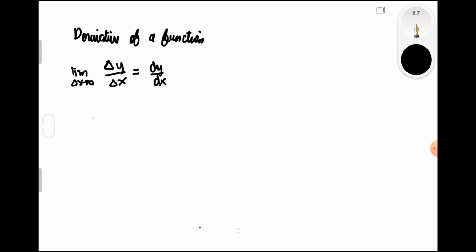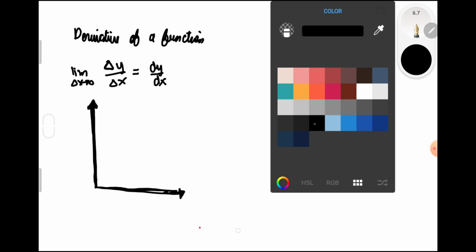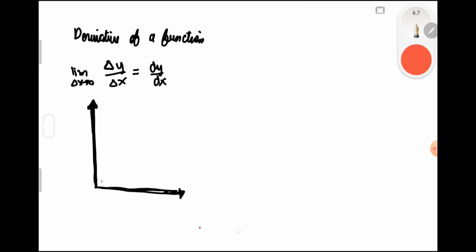Basically, there's a certain function, okay? In a certain function, in a system, let's have our graph f of x. Sabihin natin may graph tayo ng f of x, wherein this f of x is any equation.